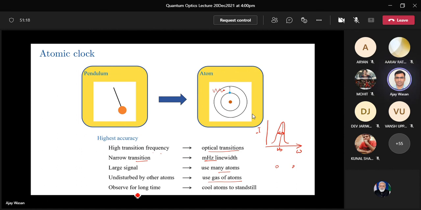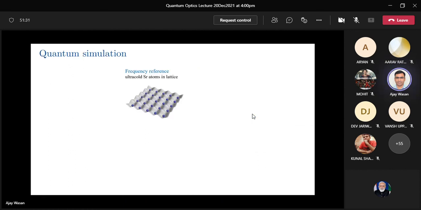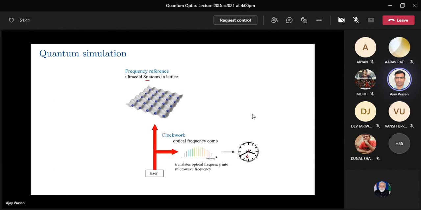We can observe for a long time, with cold atoms almost standing still. I said we cannot reach standstill, but we reach almost zero, not exactly zero. One group in the US trapped strontium atoms like this, put a laser beam there, and uses an optical frequency comb.